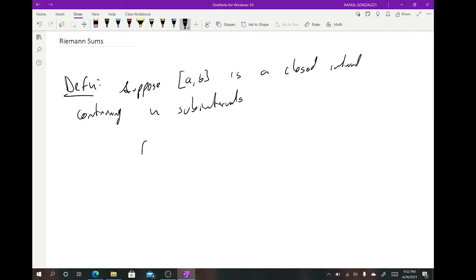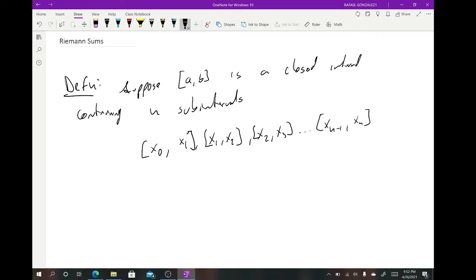So let's say those subintervals are x0 to x1, x1 to x2, x2 to x3, all the way up to x(n-1) to xn.